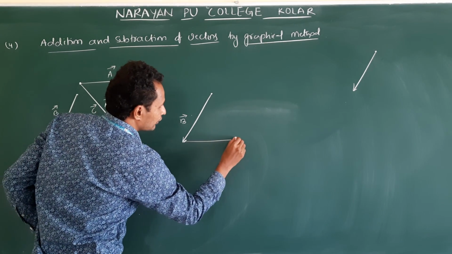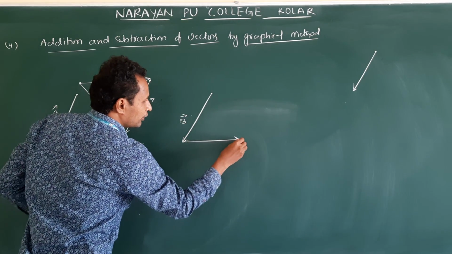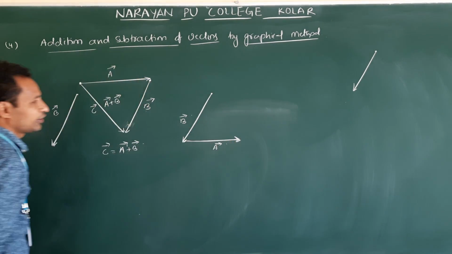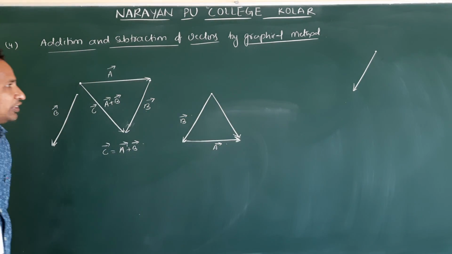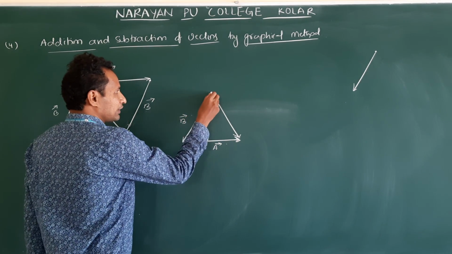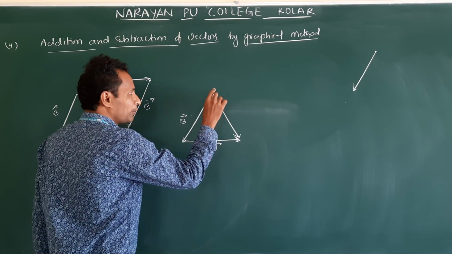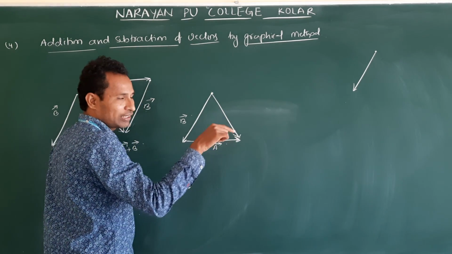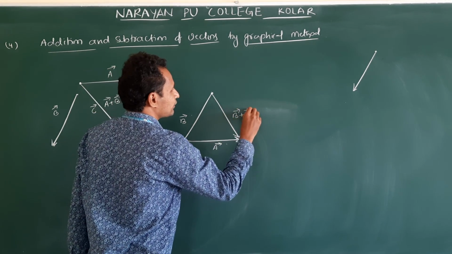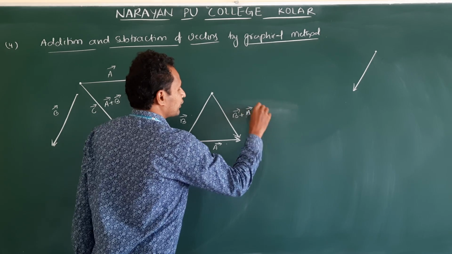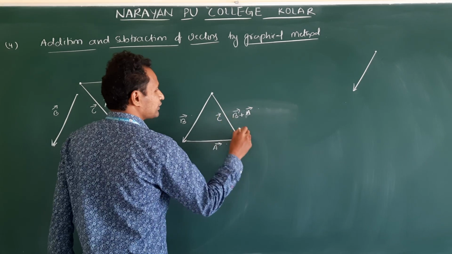See, A is parallel. We slid A here. So this is now the closing side. This closing side vector goes from the tail to the head, where the two tails coincide and the heads coincide. Then we can write this as B plus A. If you take this as a vector C, how can we write it?